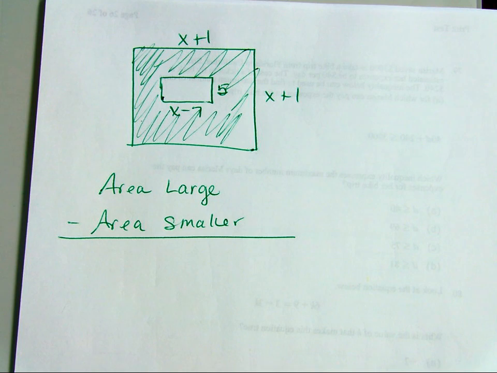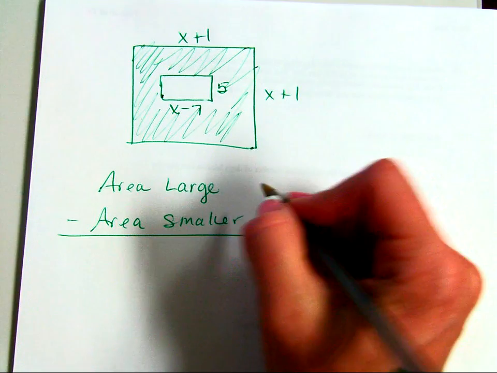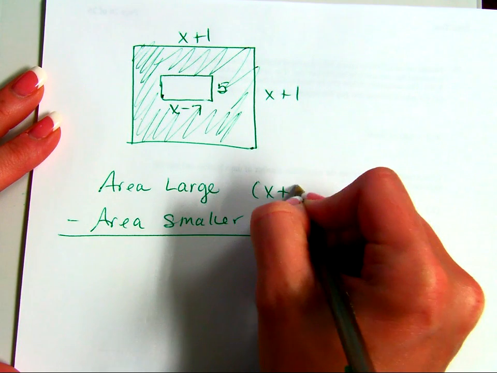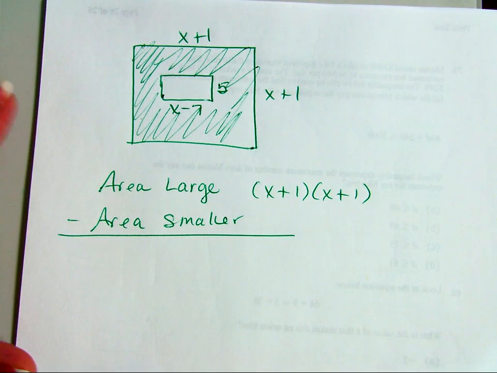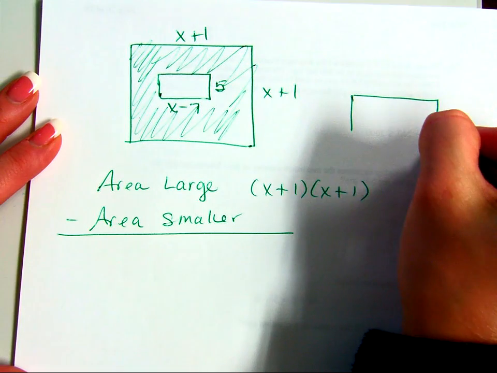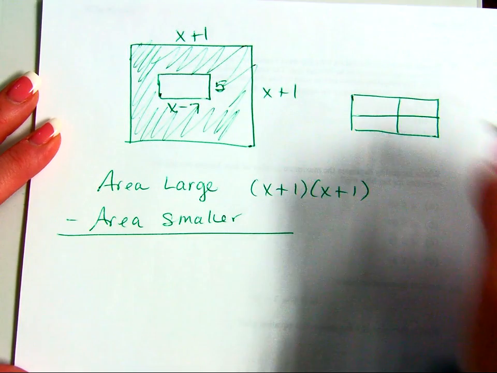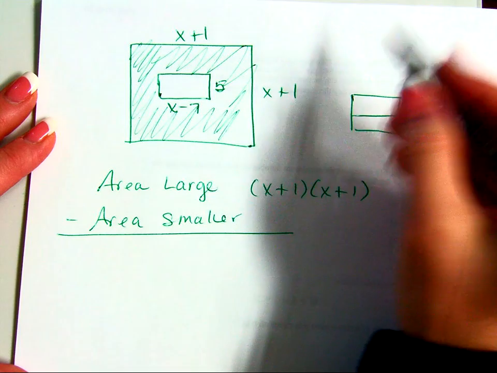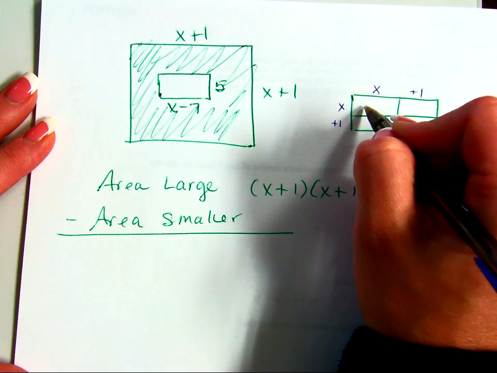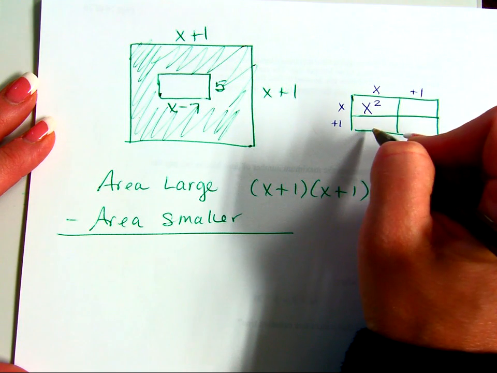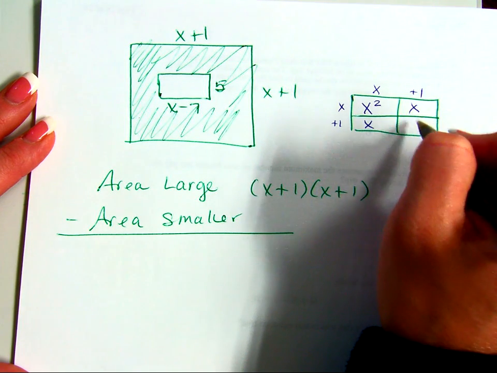You can find the area of the large however you want, but basically what you have to do is multiply somehow your x plus 1 times your x plus 1. If you want to use a table, you go for it. If you want to FOIL, totally fine with me too. So this was your x and your plus 1, and this is an x and a plus 1. That's going to give you x squared, an x and an x here, and a 1.